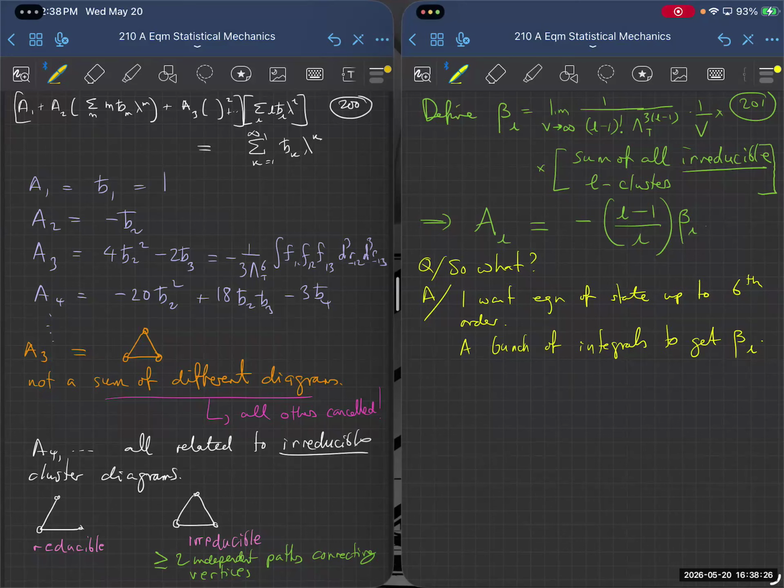And you can do them analytically up to, I think when I wrote these notes, B5 was known analytically, using the Lennard-Jones 6-12 potential.